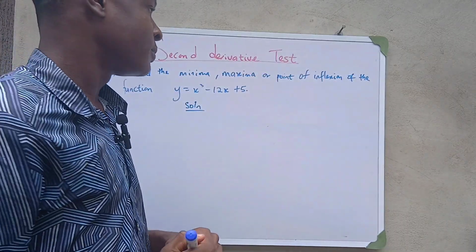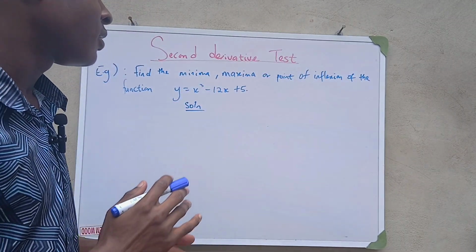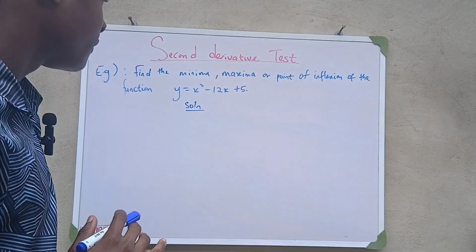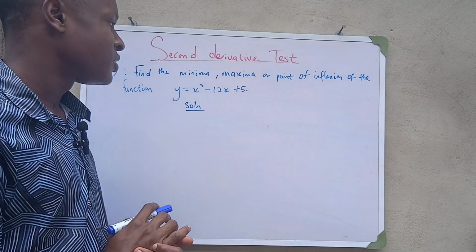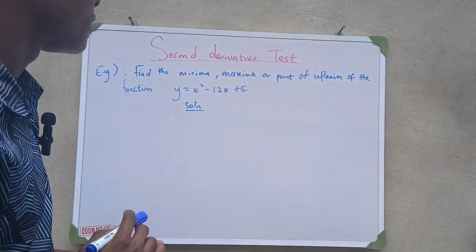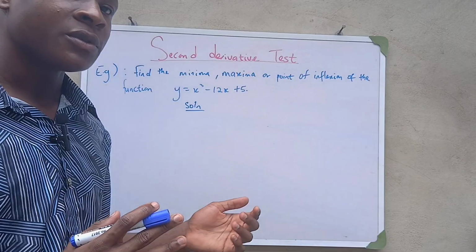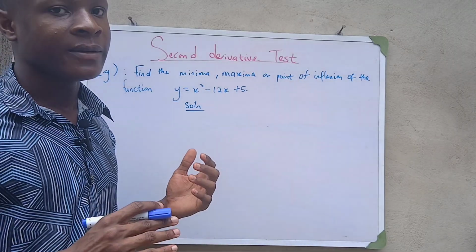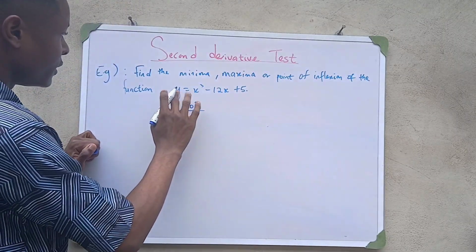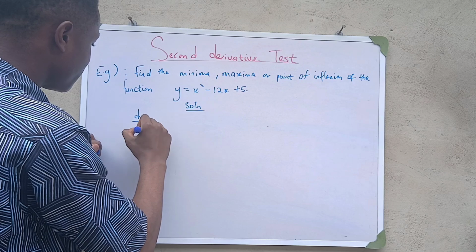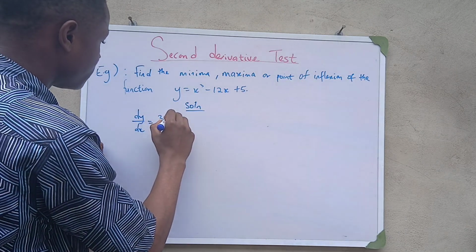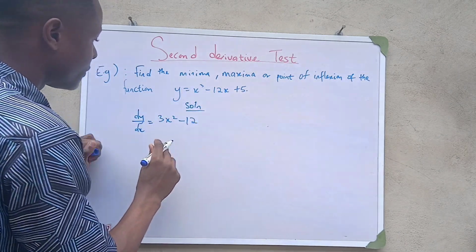Now we have this problem. It says find the minima, maxima, or point of inflection of the function y equals x cubed minus 12x plus 5. I said the first step is to find dy/dx. Differentiating this, dy/dx is 3x squared minus 12.